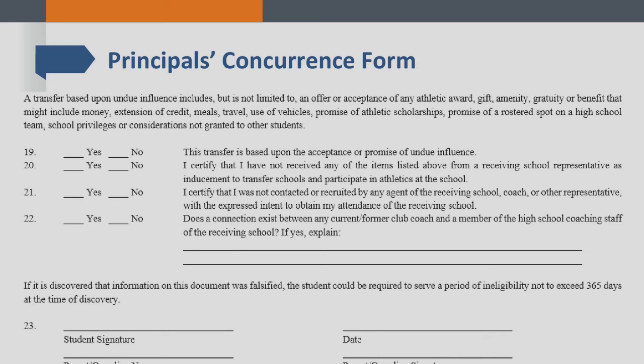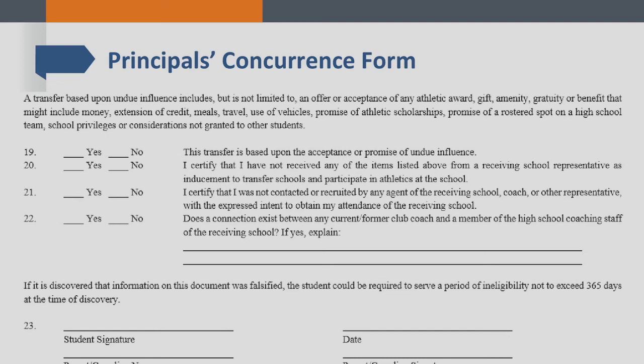As I'll read here, they're answering this as they certify that they have not received any of the items listed above from the receiving school representative as inducement to transfer schools and participate in athletics at the school.